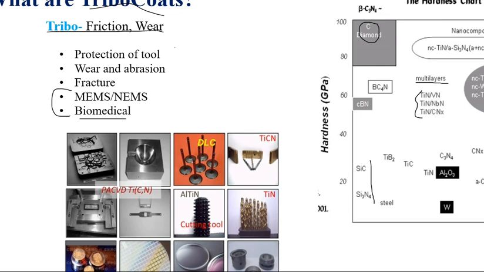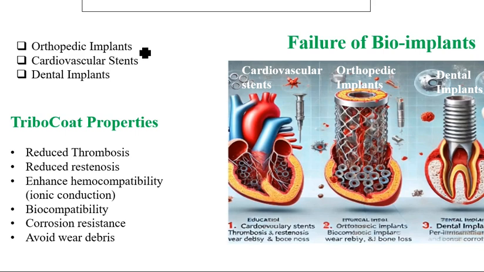Now, what we focus on here is a little unconventional from the usual applications. We are focusing on the biomedical aspect of it. So if you consider bioimplants, there are different types of bioimplants.